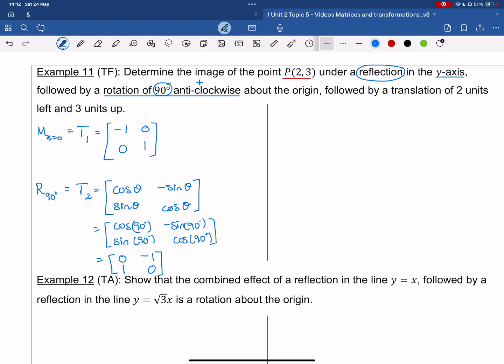Okay, so we've set up our 2 transformation matrices.